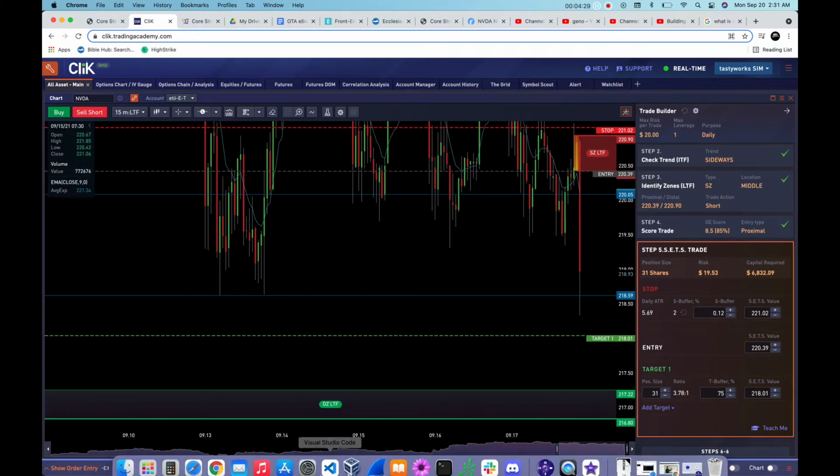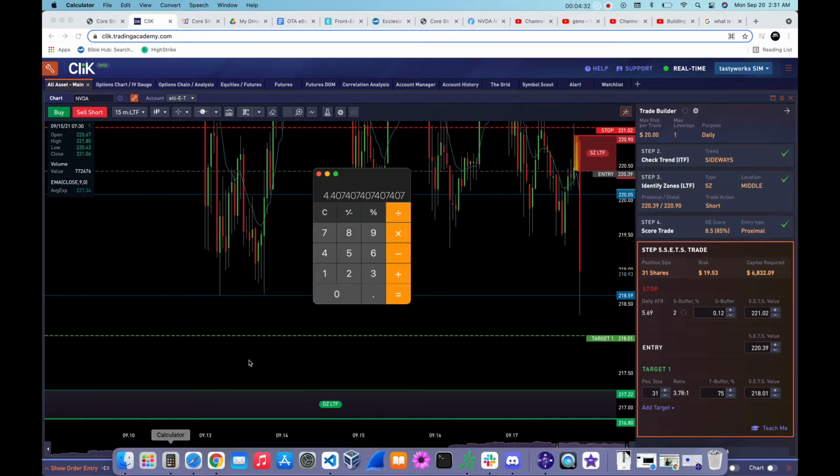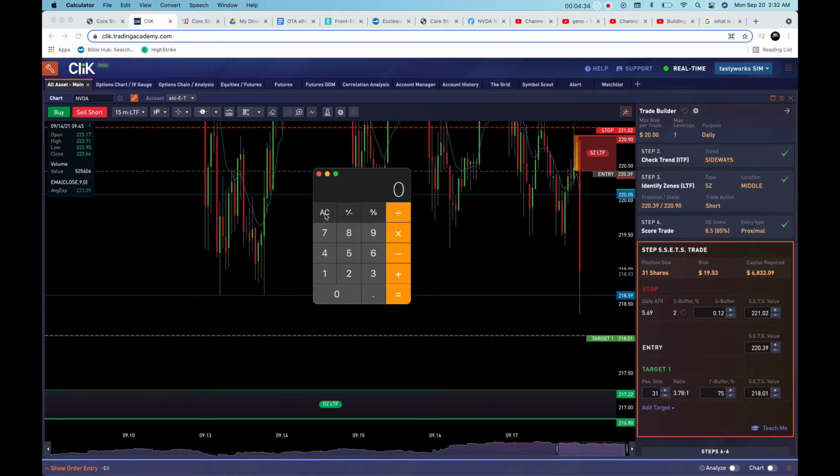Now just like before, when you're looking at your short position, you're going to identify your stop, your entry, and your target. Now the first step, you're going to take your target, which is 218.01. We're going to do this the opposite way because we're going short.